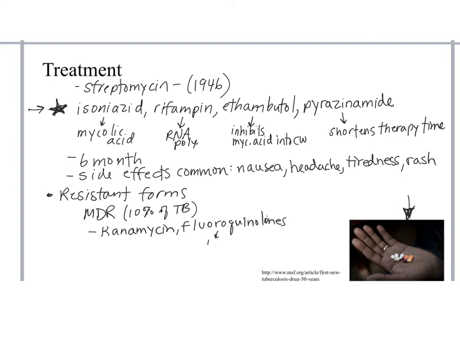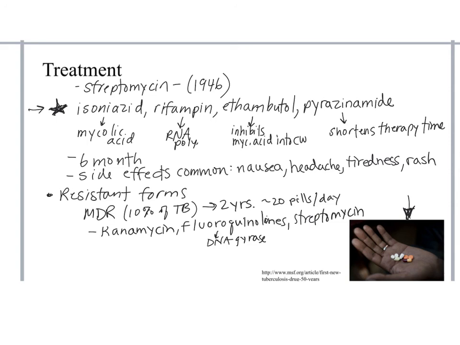Remember, they target DNA gyrase. They might throw in some streptomycin. Okay, and typically for multiple drug resistant forms, patients have to be on these drugs for 2 years. Okay, and it's about 20 pills a day. Okay, so compliance is rough.